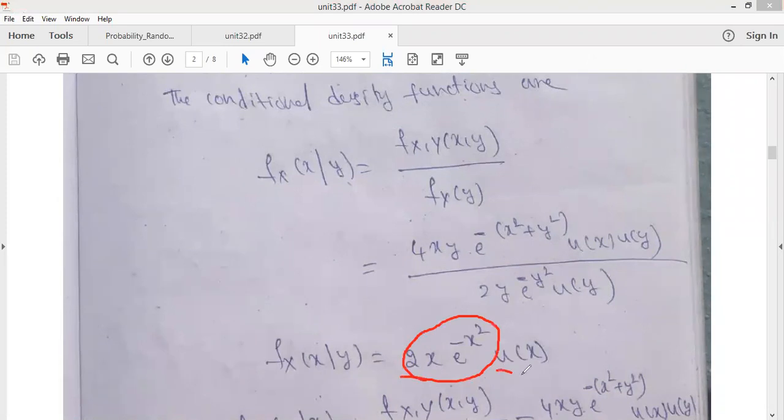If you had y terms also, then you would have to write u(x) u(y). Since we have only x terms, you can write only u(x).